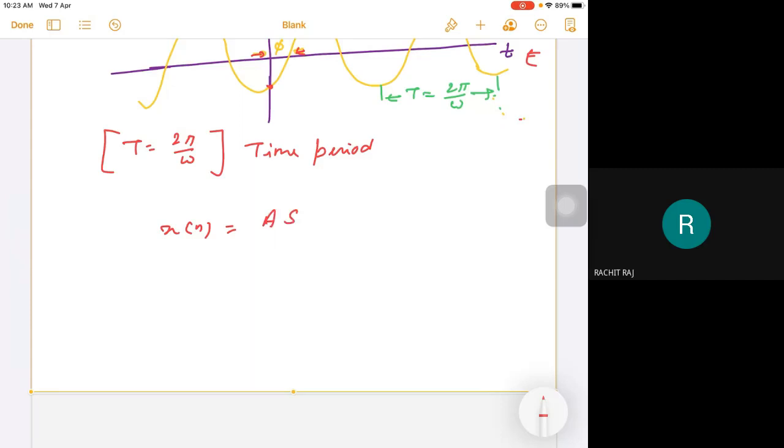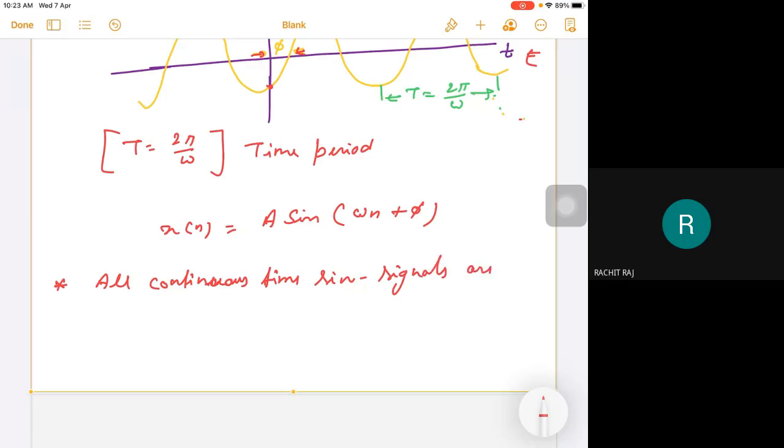So a sin(omega n plus phi), you will get the sample values. The important point here that you have to remember is that all continuous time sinusoidal signals are periodic.